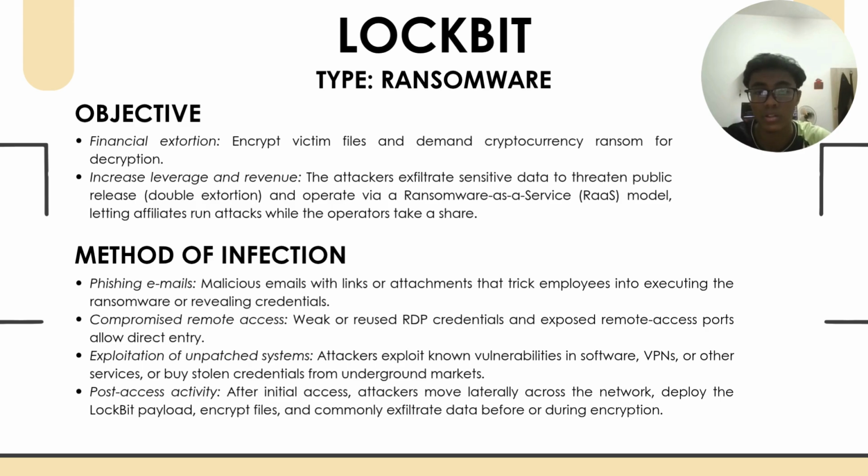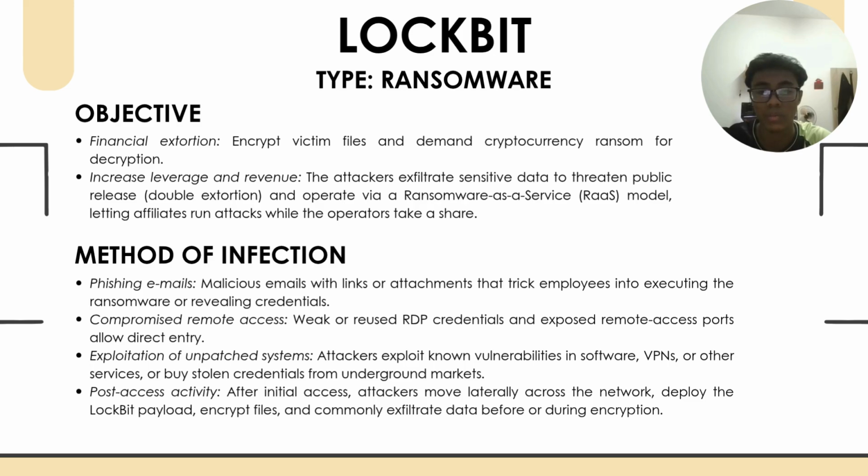And then method of infection: phishing emails. Malicious emails with links or attachments that trick employees into executing the ransomware or revealing credentials. Compromised remote access: weak or reused RDP credentials and exposed remote access ports allow direct entry.